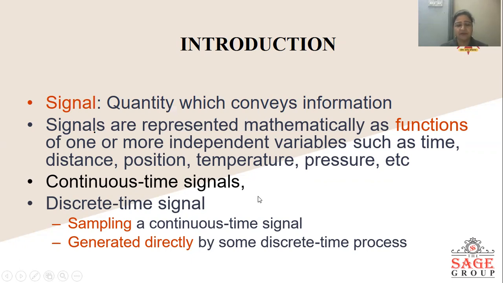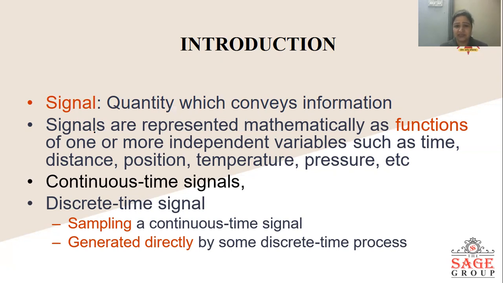For example, if we want to measure temperature at an interval of, say, 1 hour, then the data which we get after performing the experiment of measuring temperature will be discrete in nature. Like the temperature at say 10 a.m., then we'll have temperature at 11 a.m., then we will measure temperature at 12 noon, and so on.